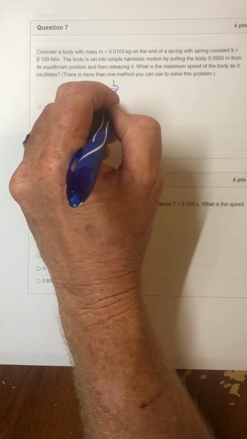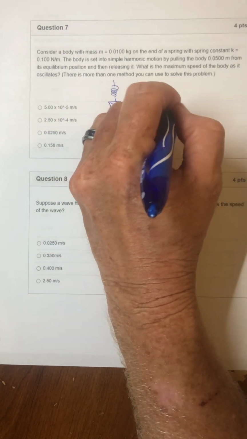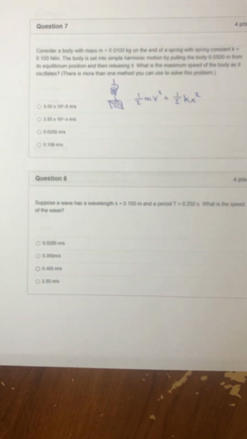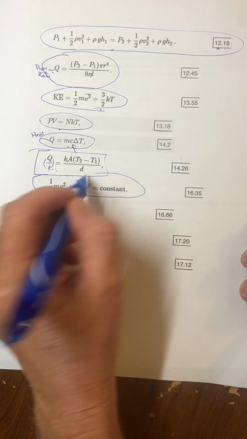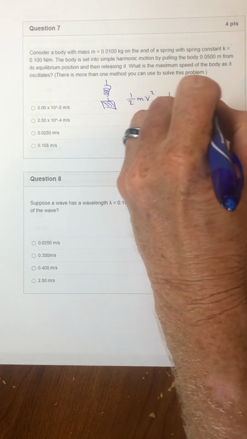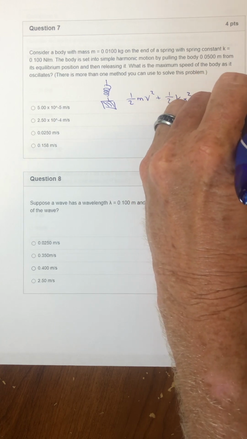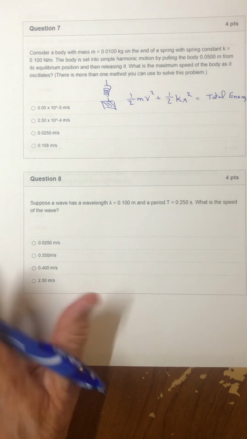So this is our mass on the end of a spring, and its energy is made up partially of kinetic and partially of a stretched spring. And so this is equation 16.35. And it equals then a constant because this is the total energy, and energy is conserved, going back to, I think, chapter 7.